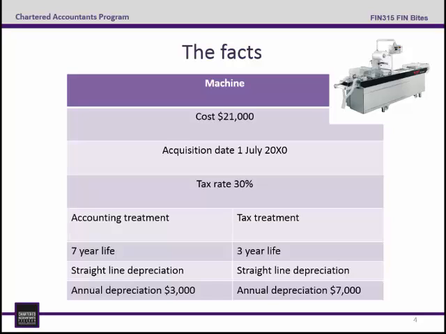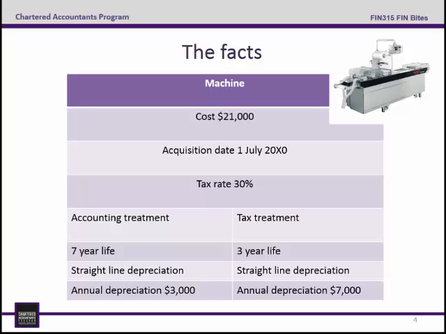So there's annual accounting depreciation of $3,000. For tax purposes, let's just assume that the life is 3 years and again, straight line depreciation. So the asset will have tax depreciation of $7,000 being deducted each year.